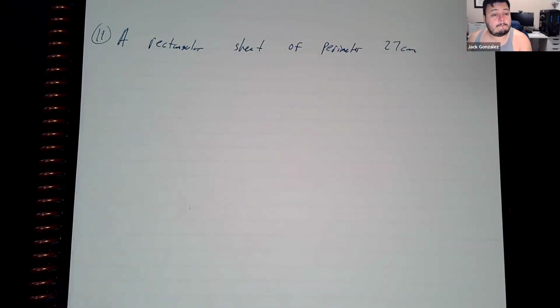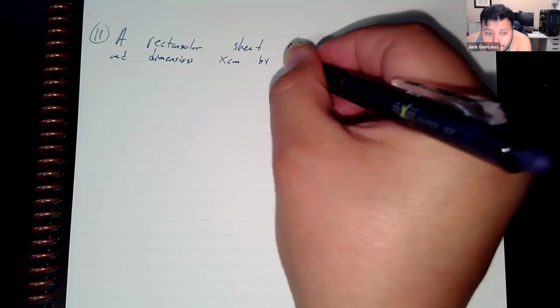Check the question. Perimeter of the sheet is 27, and dimensions X centimeter by Y centimeter.